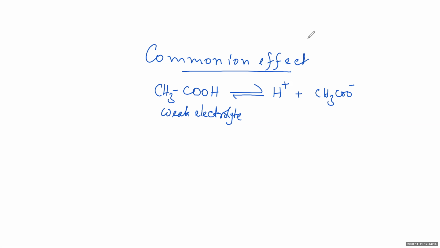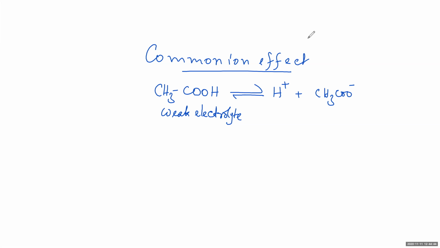And we had seen a relation between the dissociation constant of an acid Ka and the degree of dissociation alpha. The relation was, Ka is equal to C alpha squared by 1 minus alpha, where C is the initial concentration of the weak electrolyte.